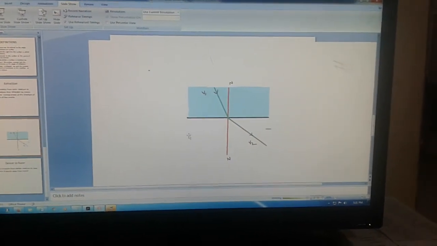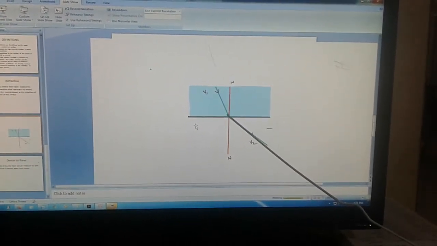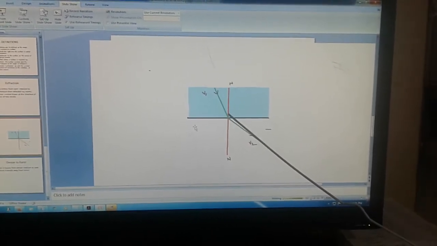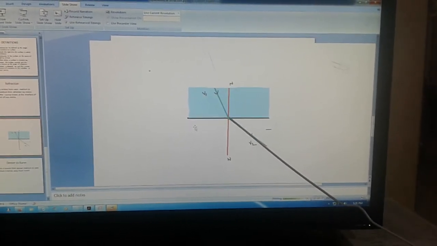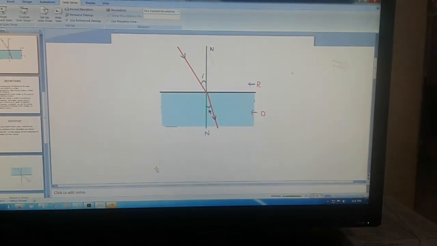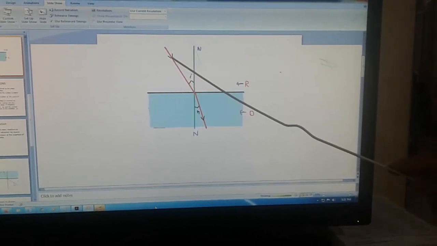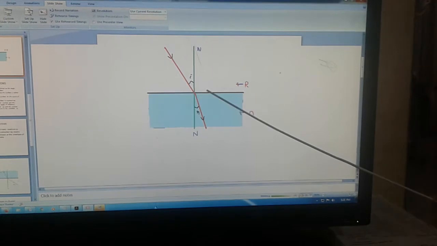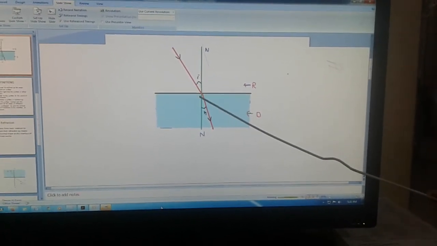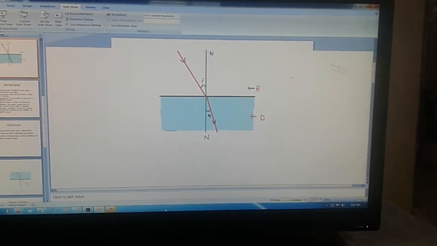If you see in this diagram, the point of incidence is where the incident ray is touching the interface. Now in this slide, the incident ray is touching the interface, the surface of the water. That is a point of incidence.